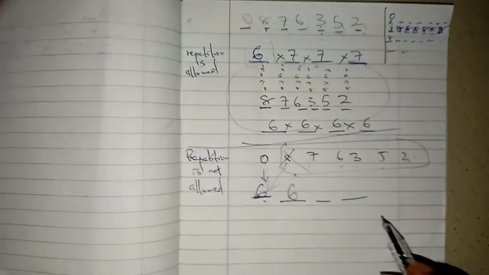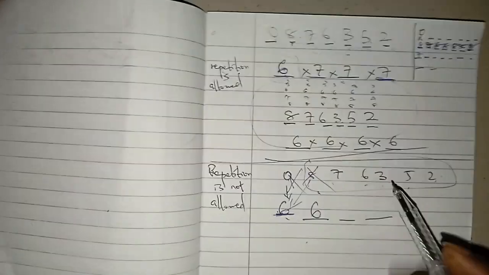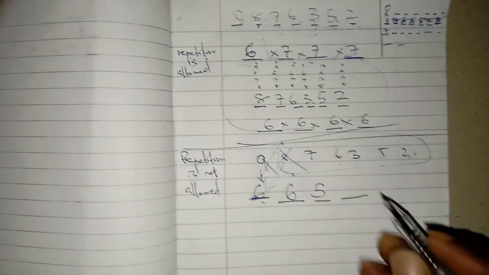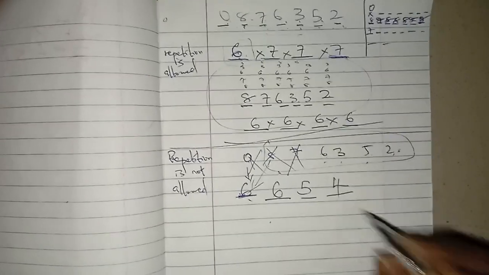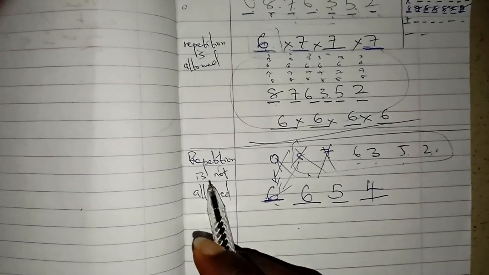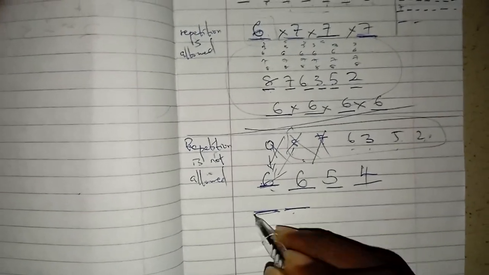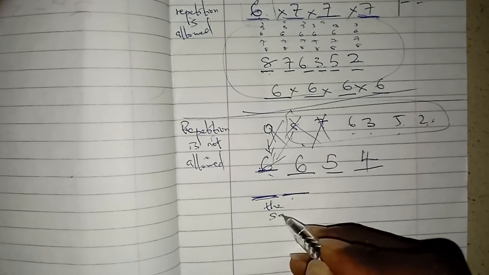So 6. Now let's say I've picked this now. What is remaining? 1, 2, 3, 4, 5. Let's say I come again. What is remaining? 4. So I think the best way to look at it is that when repetition is not allowed, the first and second boxes will always be the same.